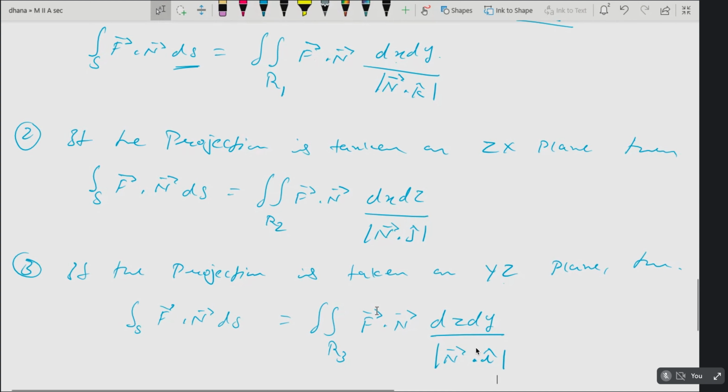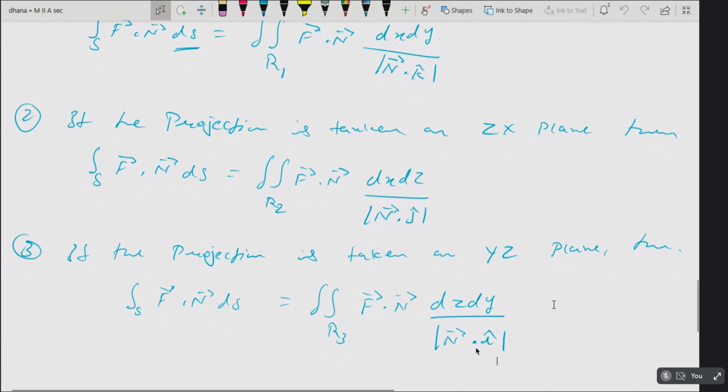Yes, ma'am. Okay. Now, let us interpret this. You calculate this thing, you got some answer. What does it represent? What should be the interpretation of the surface integral? That will depend upon what your f bar is, the same way as what you have done for line integral. That depends on your f bar only.